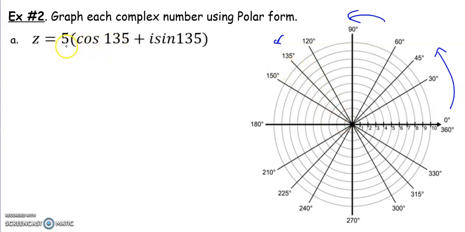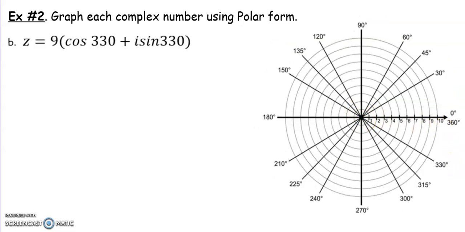We're going to go out a radius of 5. So 1, 2, 3, 4, 5, right there. So here is the graph on my polar coordinates. It has a magnitude of 5, and you can see we opened up 135 degrees, just like a unit circle.